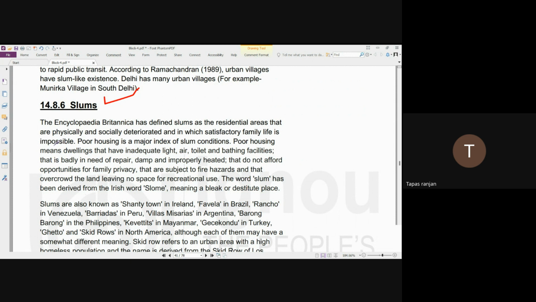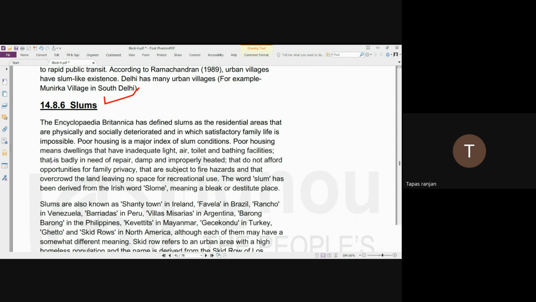Now imagine a low income group man has migrated to a city like Mumbai. Where will he be staying? Although he hasn't settled in terms of his job, in terms of his employment, first of all you have to understand where they will be staying.